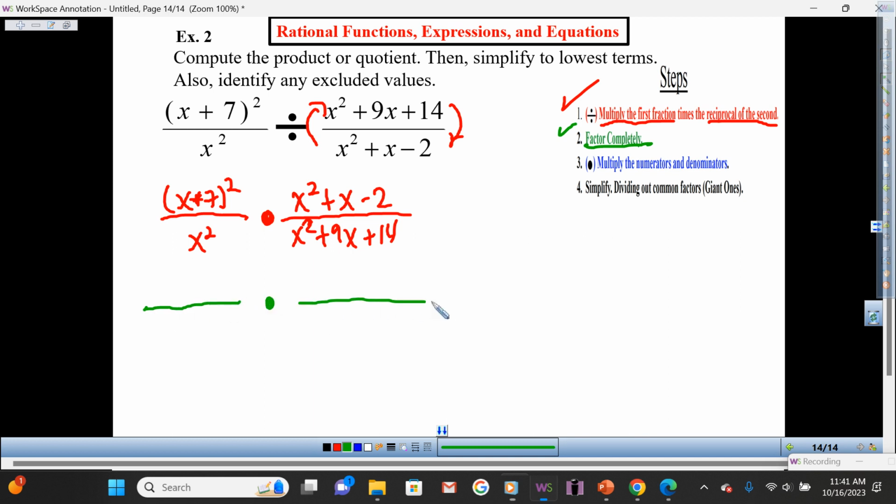Here we go. (x + 7) squared. How do we write it in factored form? Tell your neighbor, and Andrew's going to enlighten us. All right, good communication. Andrew, go.